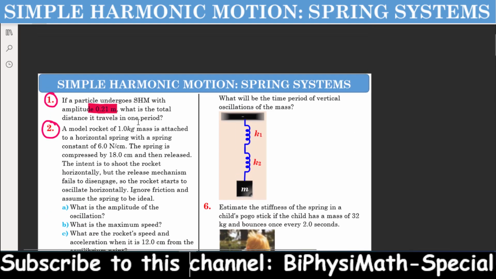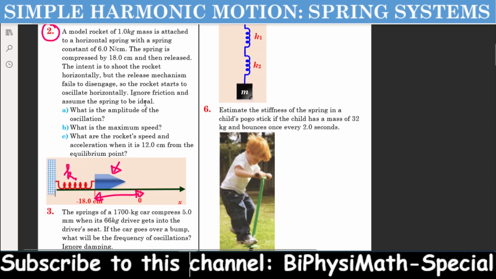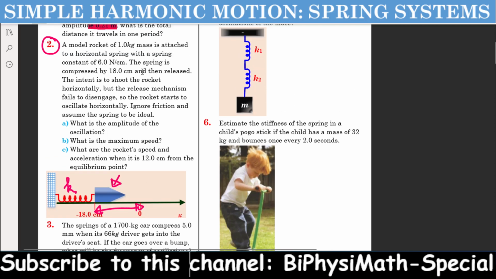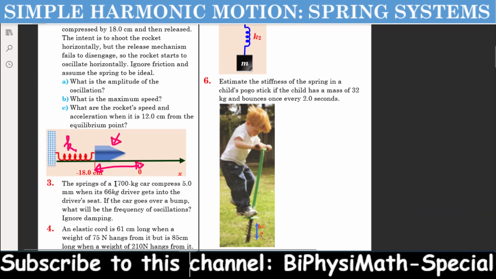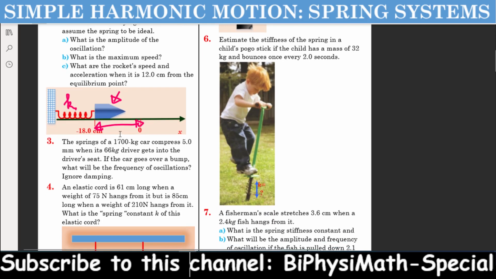We are also given the spring constant K. We are also given that the spring is compressed by the amplitude, and the mass of the model rocket. This model rocket has 1 kilogram.